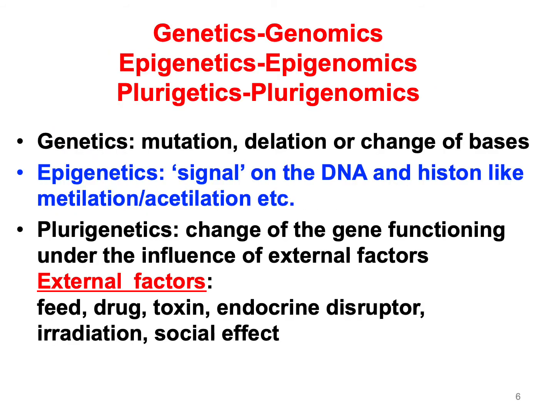Now we have to see the different names and sciences. Genetics deals with the individual's genes, like the Mendel rules. The genomics deals with the function of the whole genome. The epigenetics is the science of the changes of the epigenetic signals. And the plurigenetics will be given later.